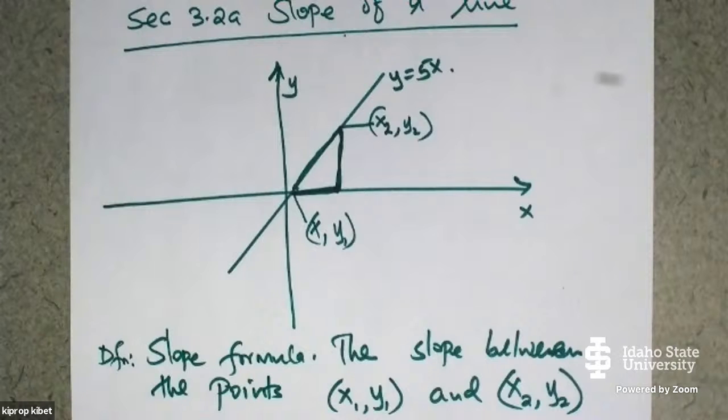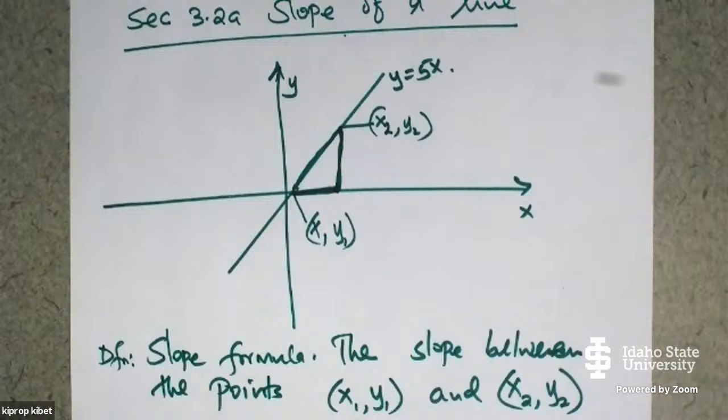What is the gradient of that line? We know that m equals change in y over change in x, which is y2 minus y1 over x2 minus x1. Now, if you look at this line, is there any change in y? No, it is only 4. So basically, there is no change in y.